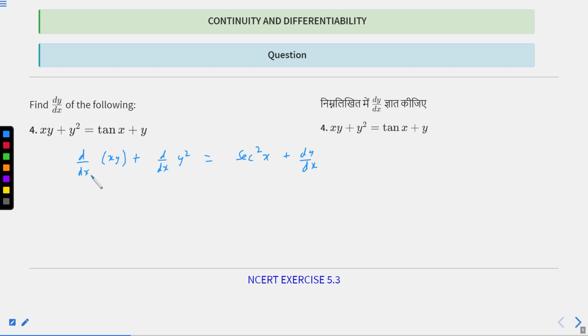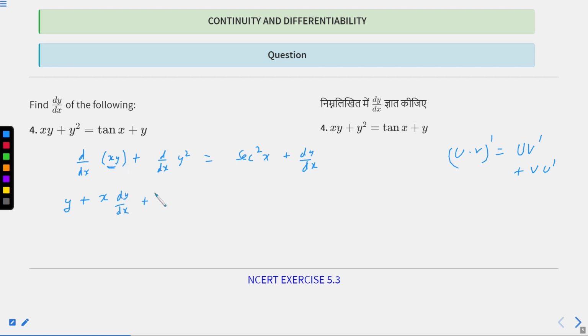Now here we will use the product rule. In the product rule, if you remember, for u multiplied by v, the derivative is: keep one term untouched and differentiate the other, plus differentiate the second and keep the first untouched. So first I differentiate x, which gives 1 multiplied with y untouched, plus x untouched and the derivative of y, which is 1 multiplied with dy over dx.